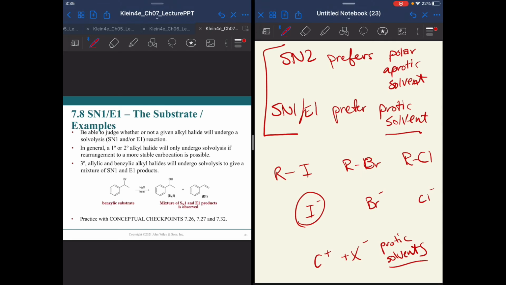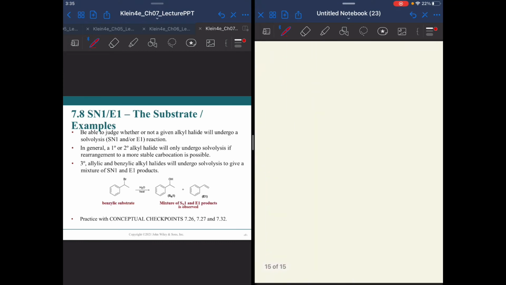Here's just an example of another substrate that could undergo SN1 and E1. You notice that the water can substitute for the bromine. It can also eliminate.